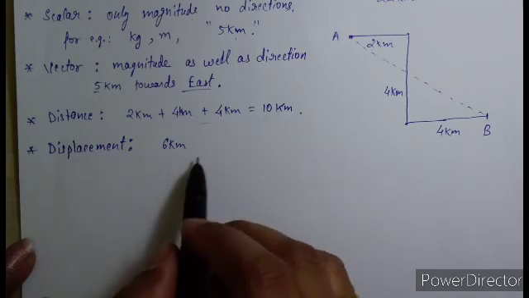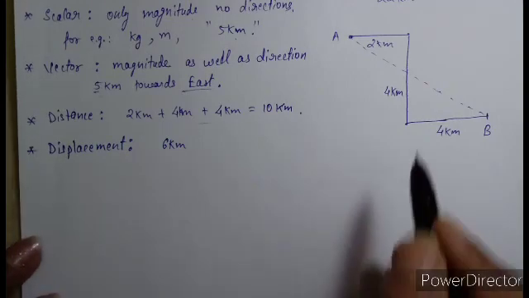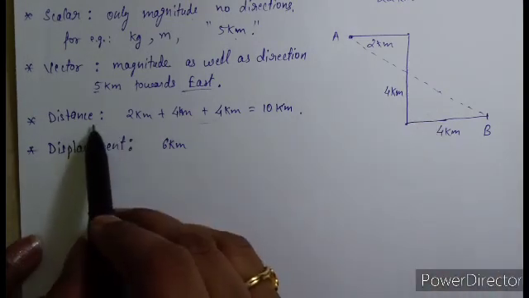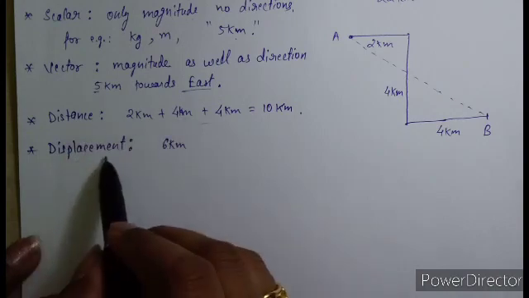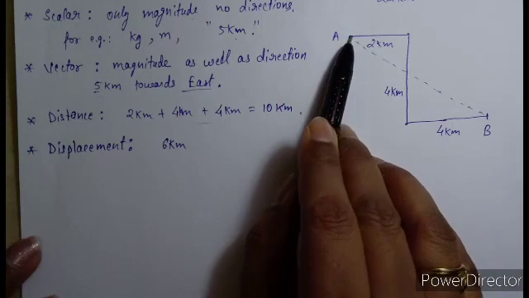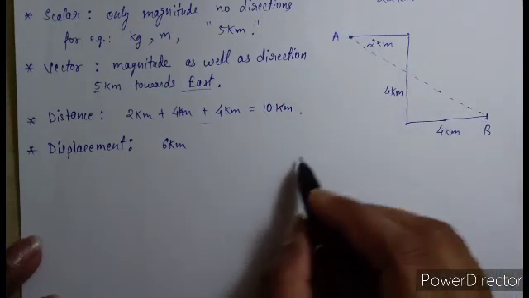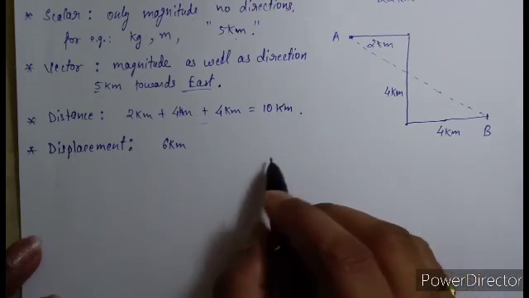Then 6 kilometers will be its displacement. So distance is the total length of the path, and displacement is just the distance between the initial and final position. Let us take another example. It will be easier for you to understand.